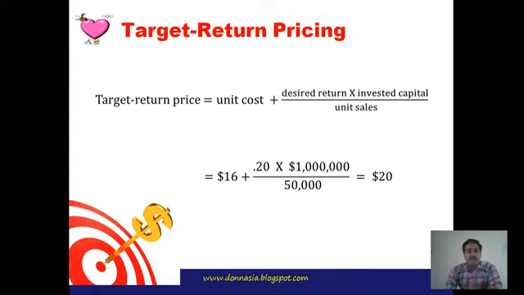So it is $10 lakh upon 50,000. So we get $16 plus $2 lakh divided by 50,000. So $16 plus 4 is equal to $20. By this way we can set the price using target return pricing. I think you have got it.